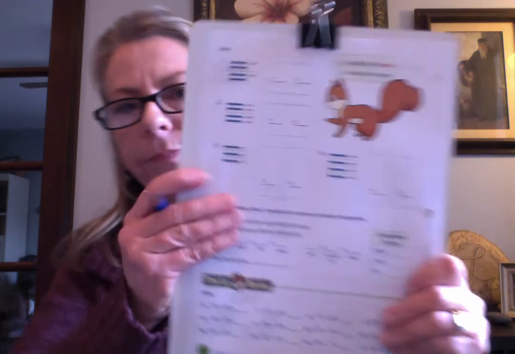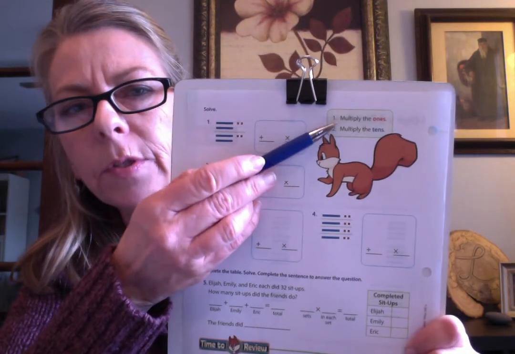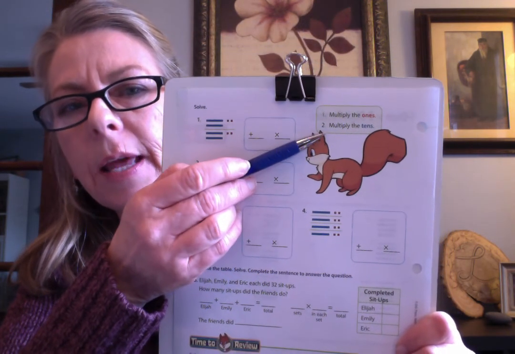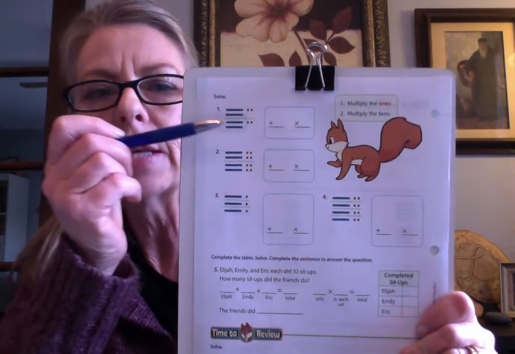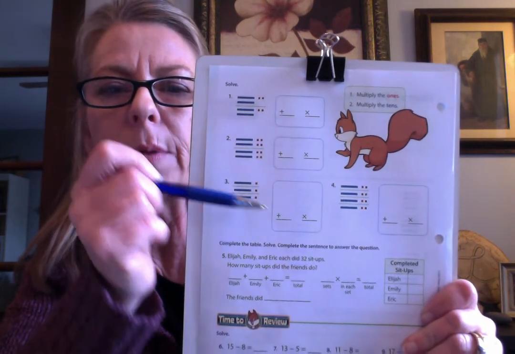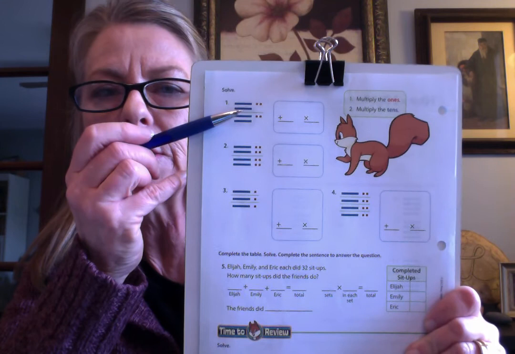Okay, so remember those patterns. The good thing about these videos is that you could go back to those patterns that I showed you to help you figure it out. Okay, so here's a little clue on the back. Here's the clue. Remember to multiply the 1's first, then multiply the 10's. Okay, so here they've given you the problems without the answers, so you need to check.